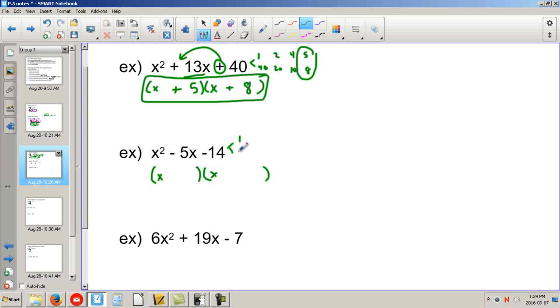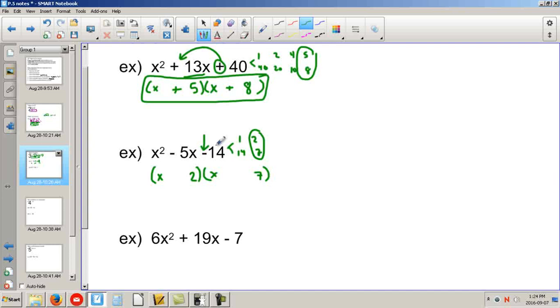14, we got 1 and 14, we got 2 and 7, and that's all that goes into 14. This is important. Right here, the 14 is negative, which means one of these is plus and one of them is minus. So think about it like we're subtracting to get 5. Well, 2 and 7, if I subtract, gives me 5. So I'll slip a 2 and I'll slip a 7 in.